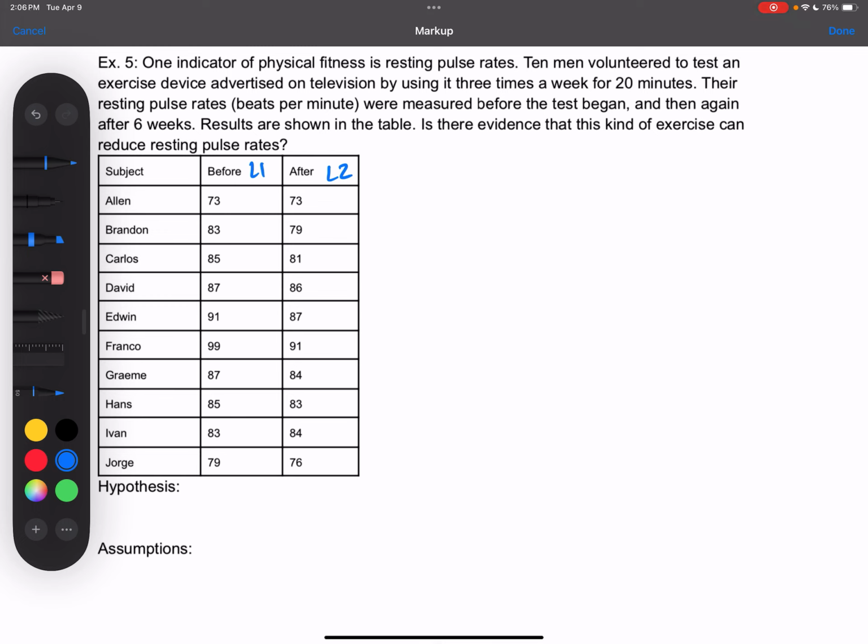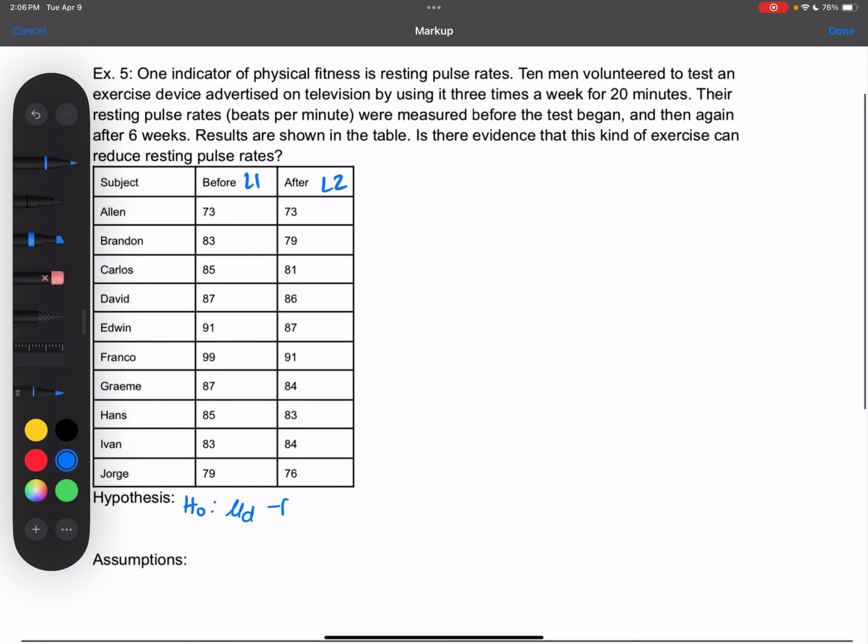So based on that, what is my hypothesis here? In terms of the difference. The null would be what of the difference? What is our null always? Equal to, so that it stays the same, there's no change.